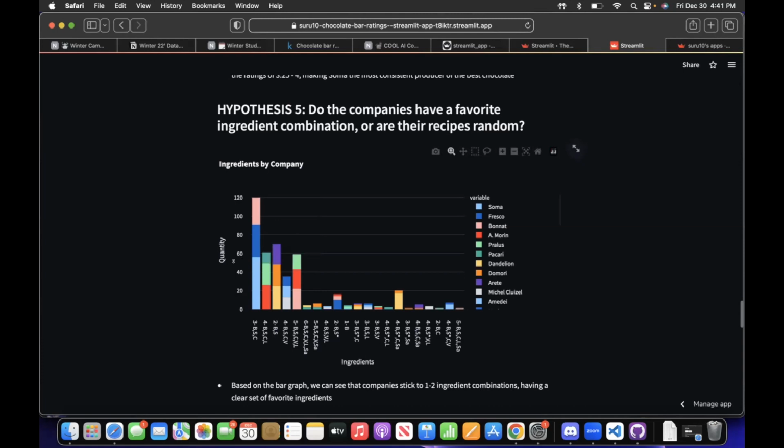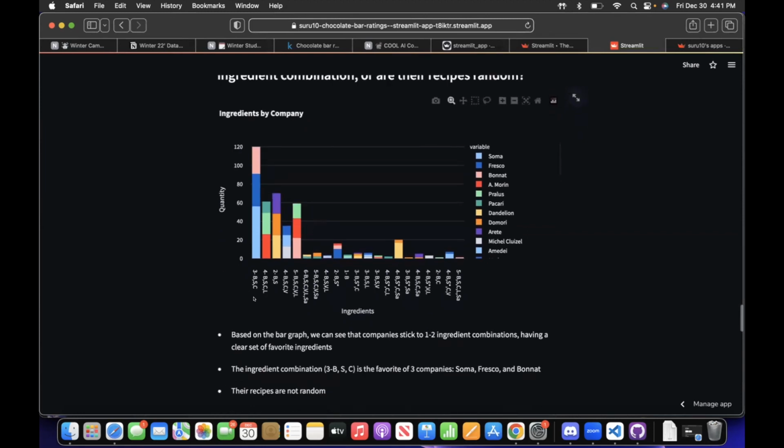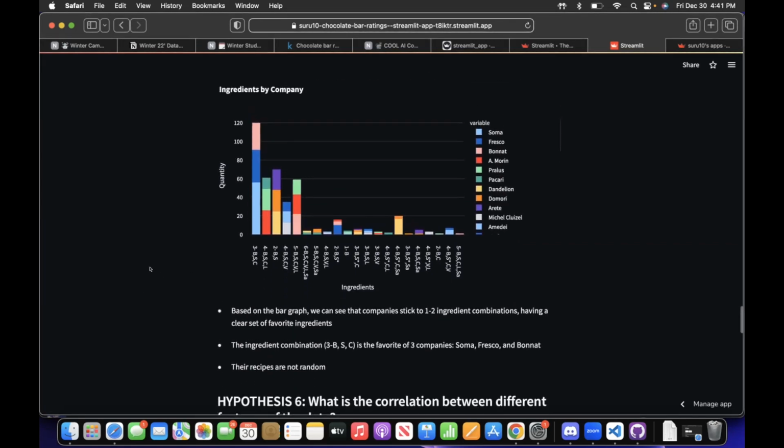A few have one or two extra recipes, but mostly they stick to one primary thing. This tells us that they tend to be pretty set in place and are not random. Also, the most favored ingredient combination in this case is butter, sugar, and cream, which contains Soma as listed in the previous hypothesis.